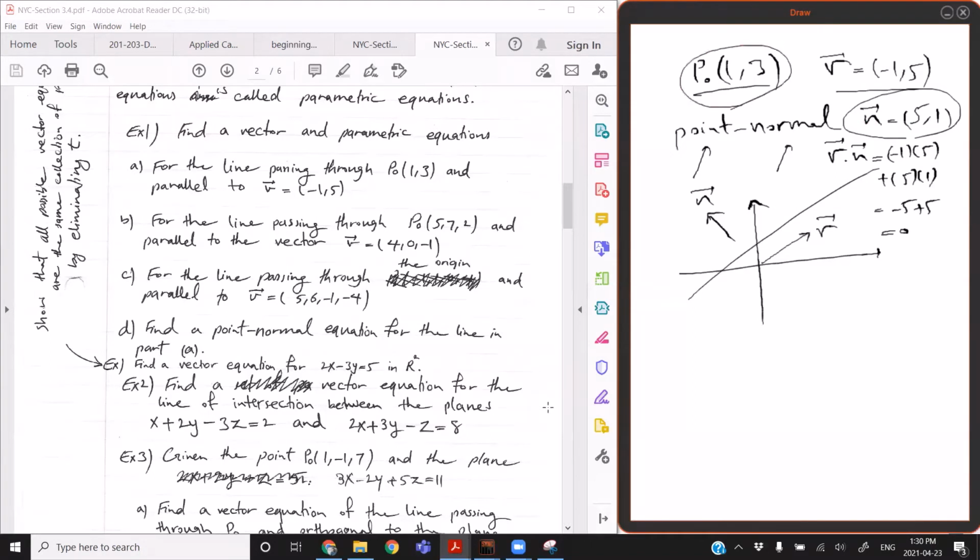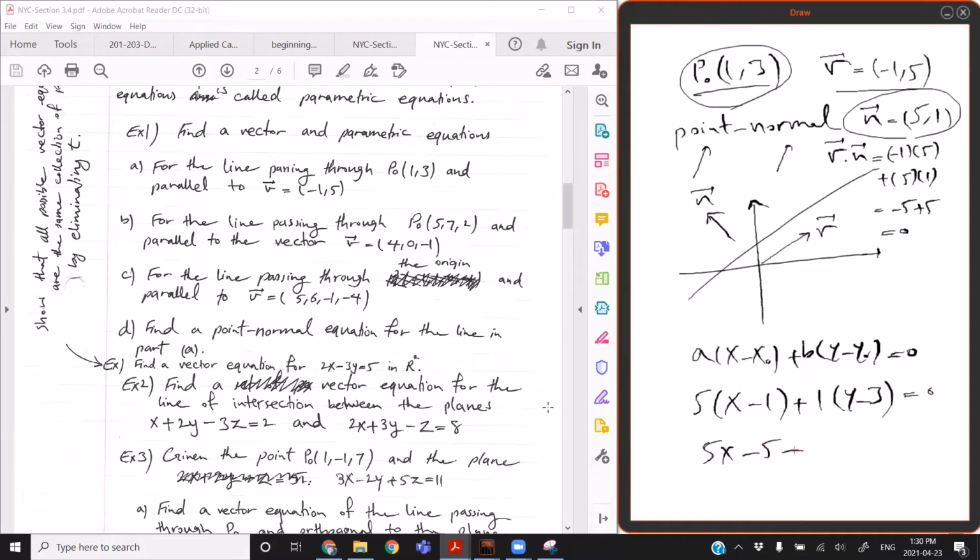So this is the point on the line. This is the vector orthogonal to the line. The equation is going to be this. So I just plug in 5 times x minus 1 plus 1 times y minus 3 is equal to 0. I get 5x minus 5 plus y minus 3 is equal to 0.